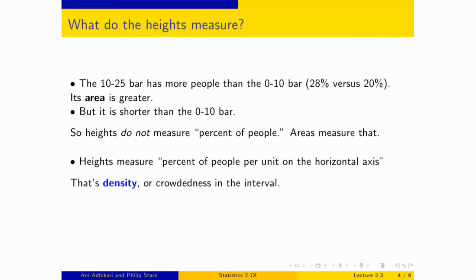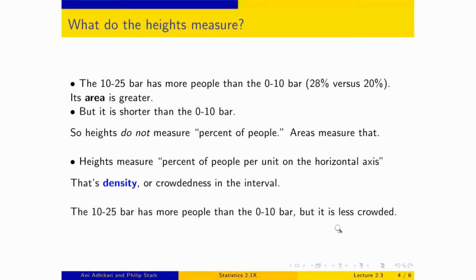Heights measure density or crowdedness in the interval. The 10 to 25 bar has more people, but it is shorter, and that means it has more people, but it is less crowded. That's just like the United States having more people than Japan, but being less crowded because it has correspondingly much more room.